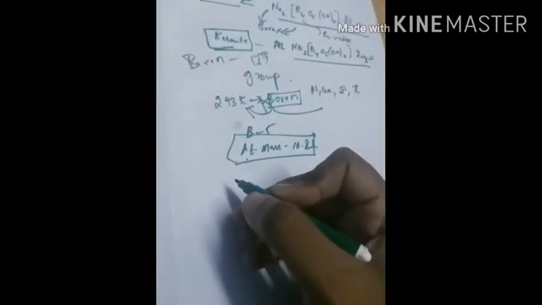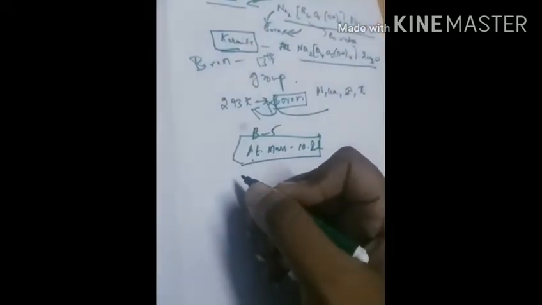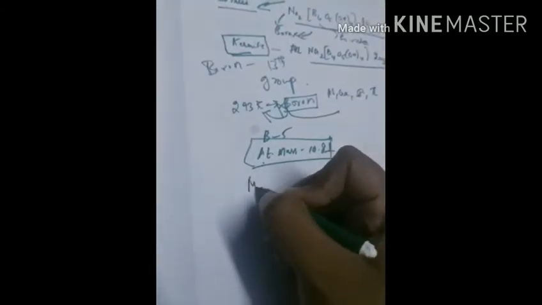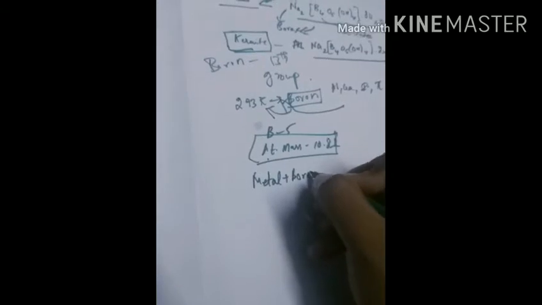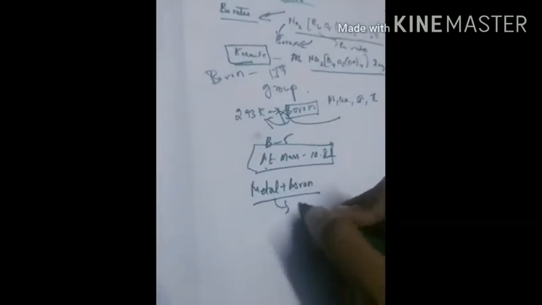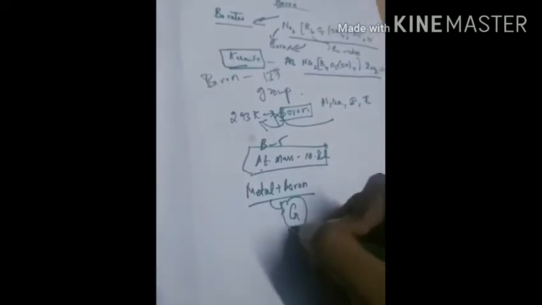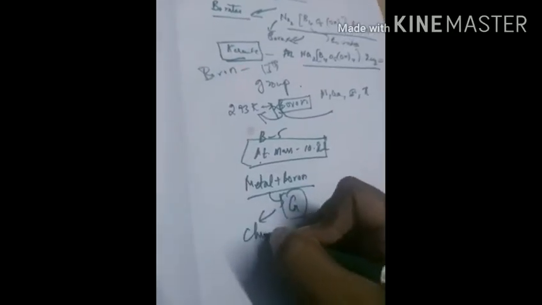The first chemical property we are going to see is metal with boron. What will happen when a metal and boron exist together? We are taking one metal, chromium, because chromium is easy for bonding.